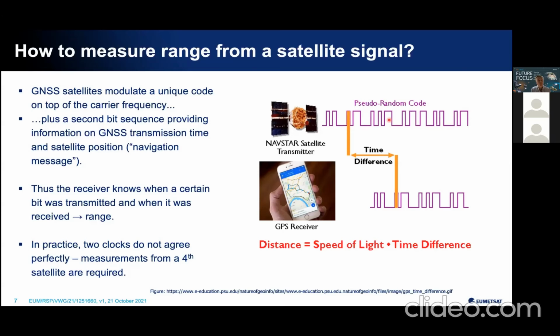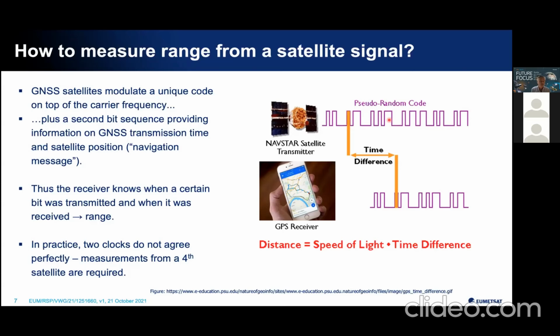And it's also, at regular intervals, telling you when it sent off that particular bit of this whole code business. So by taking that information together, the receiver can sort out which satellite sent it off, where the satellite was at the time of sending it, and what the time was. And then it has a clock of its own. It's calculating the time difference. You have the range or the distance to the satellite.